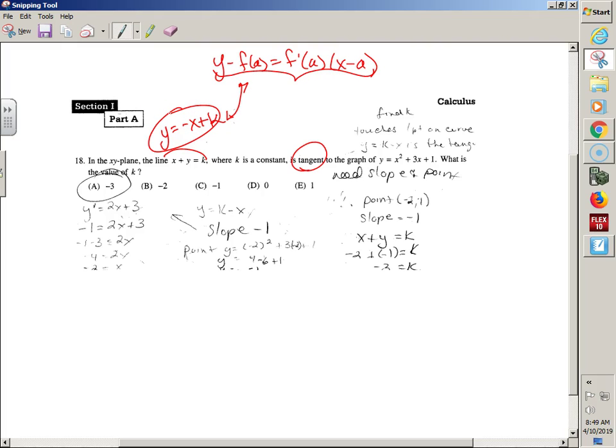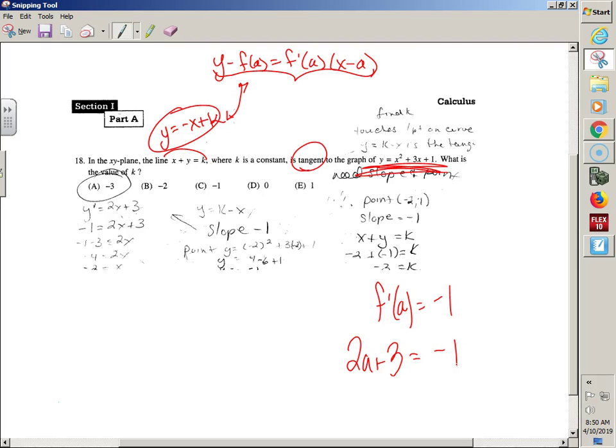That made this. Can anyone tell me the one thing I can know for sure? I don't know A, I don't know f of A, but what do I know? I know the slope is negative 1. So I know f prime of A equals negative 1, and I have my f that I can take the derivative of: 2A plus 3 equals negative 1.